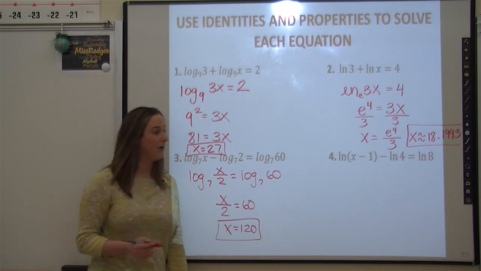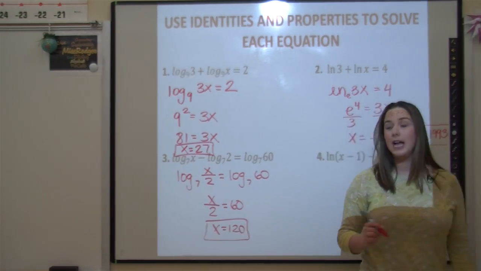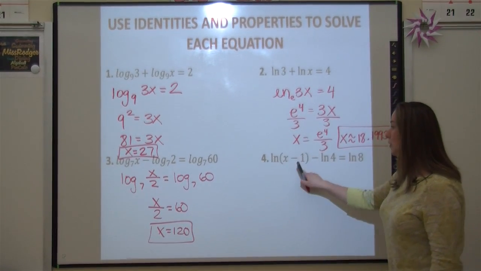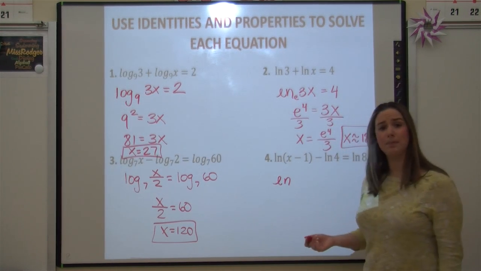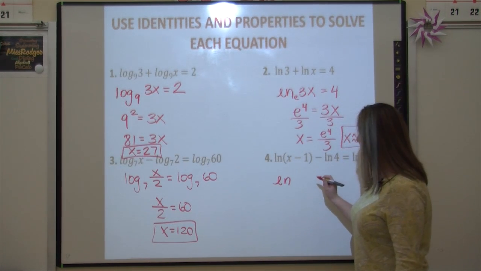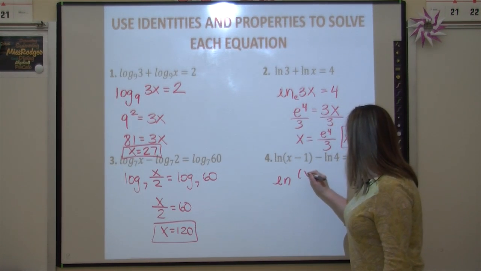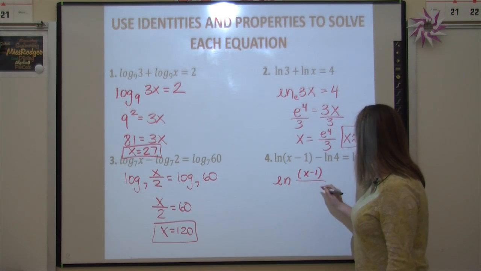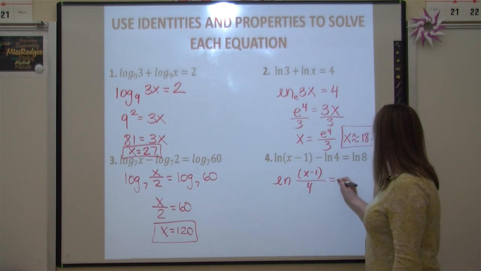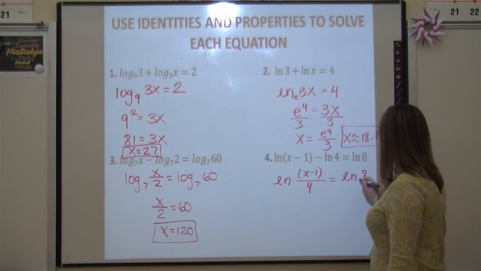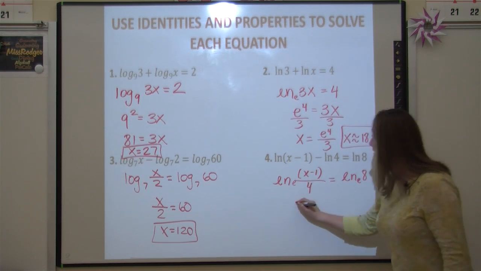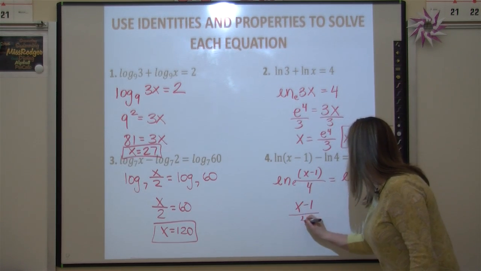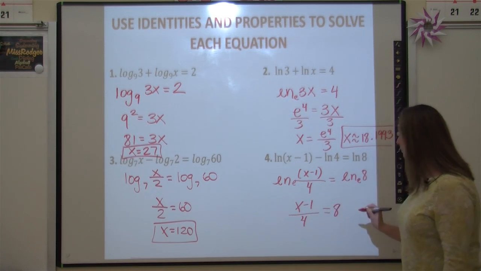For my last problem, using natural log, I see something similar. So again, I'm going to see my quotient rule, ln, and if I want to write base e, I can do that. It's up to you. This is going to be ln of x minus 1 all over 4 equals ln of 8. And since these are both base e, I can then say x minus 1 over 4 equals 8.